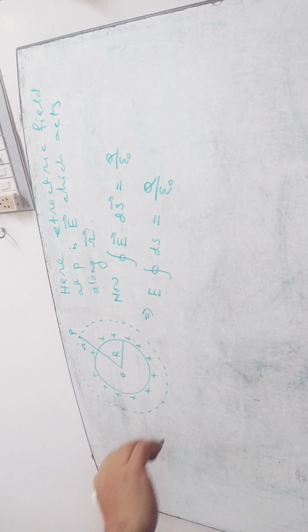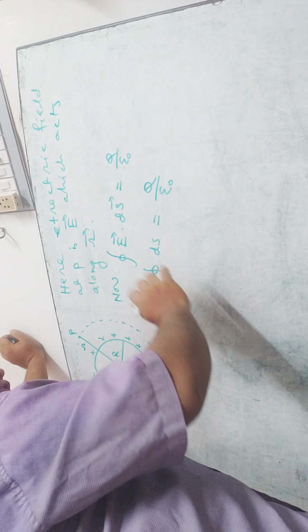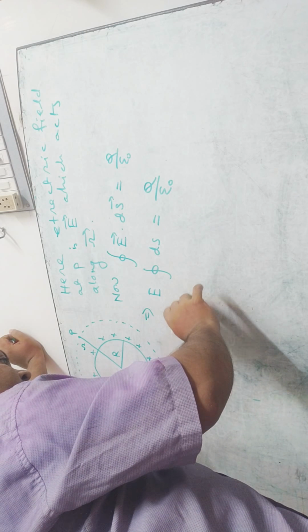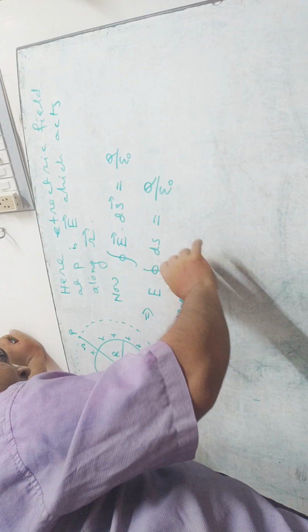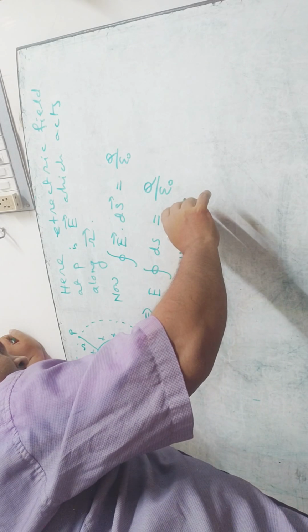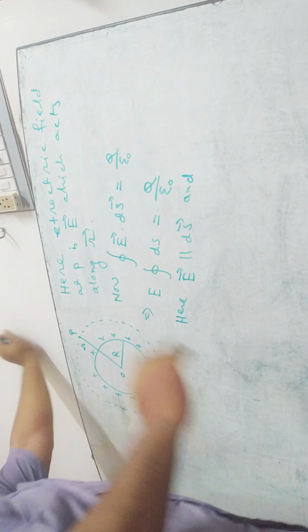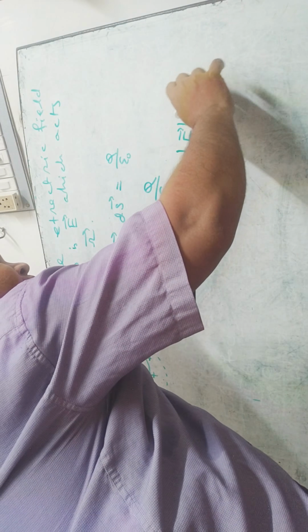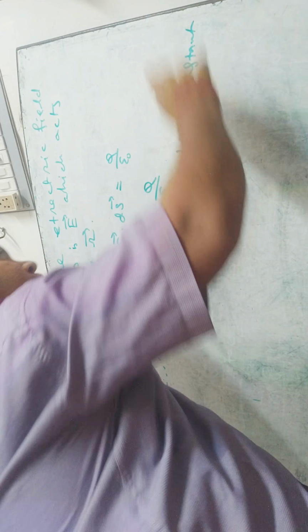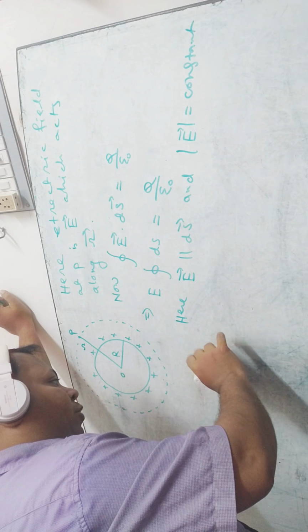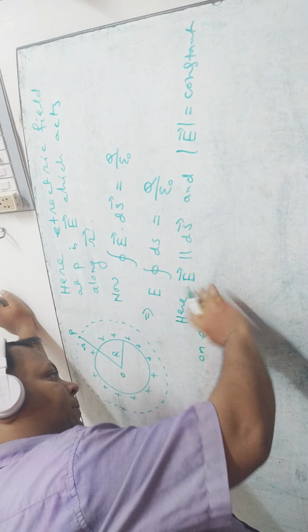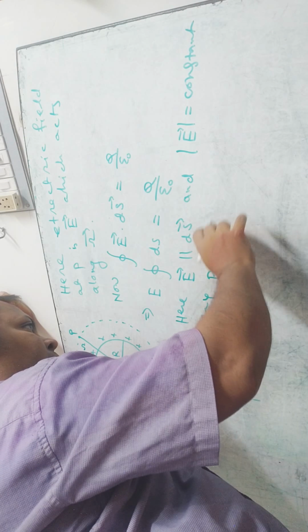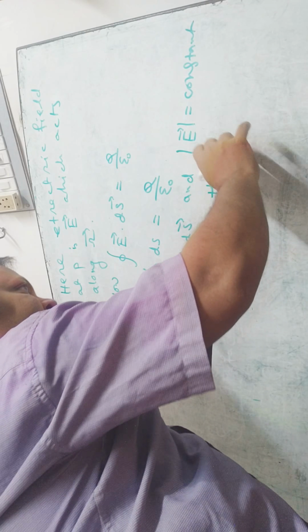Here, E vector is parallel to ds vector, and the magnitude of E is constant on every point on the Gaussian surface.